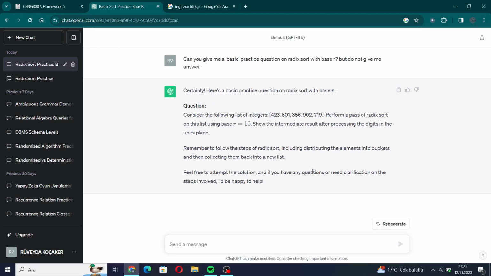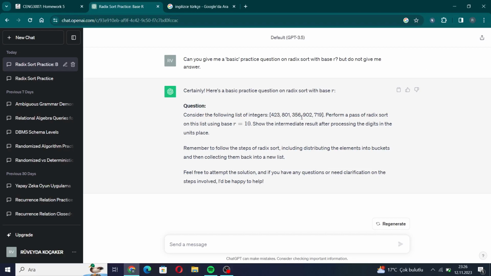Let's start. Firstly, Radix sort is a linear time, non-comparative sorting algorithm that works by distributing elements into buckets according to their individual digits. Let's perform a pass of Radix sort on the given list.